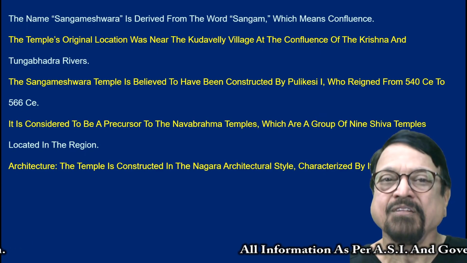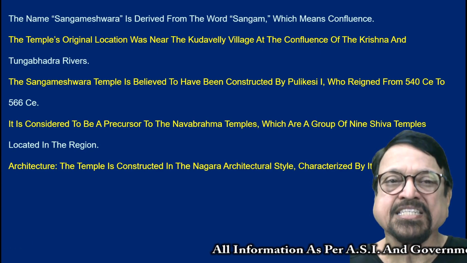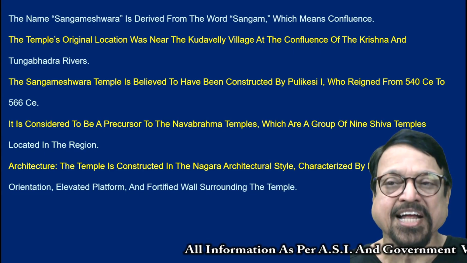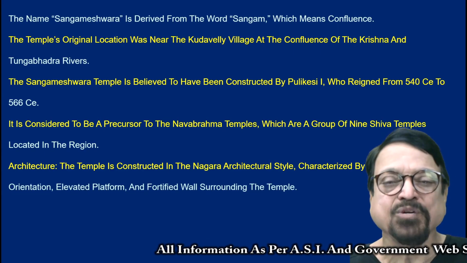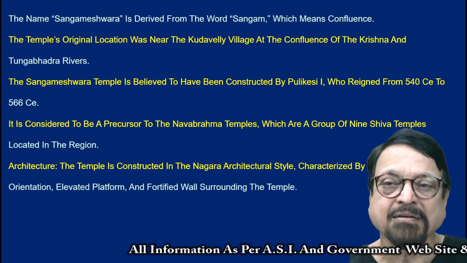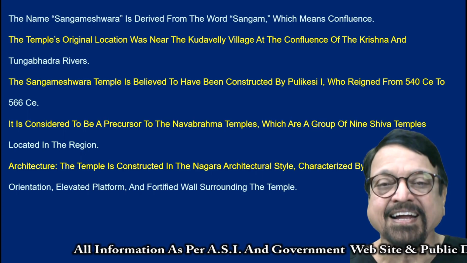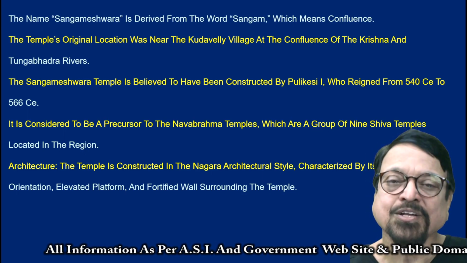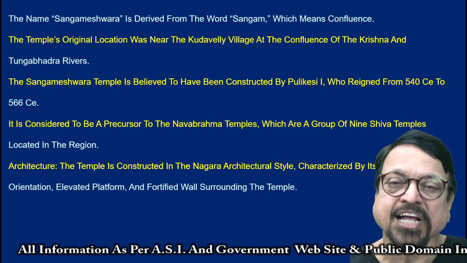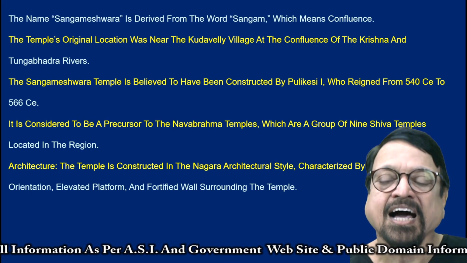Both are the same. It is characterized by its east-facing orientation and elevated platform, which is a peculiarity of North Indian temples, which was adapted by the Dravidians in the year 700 by these Pulakeshis, that is from Aihole.